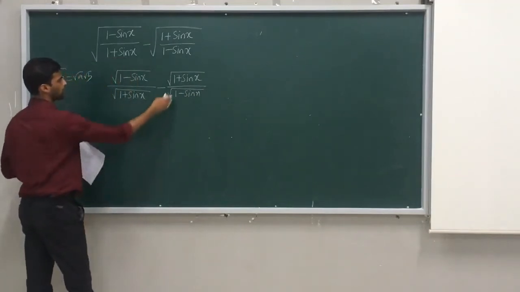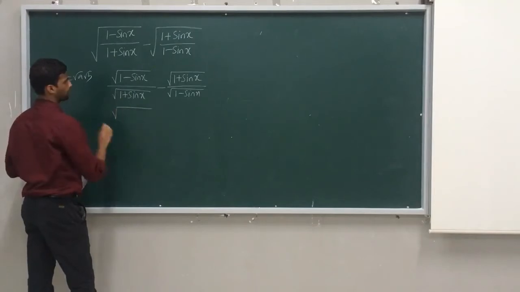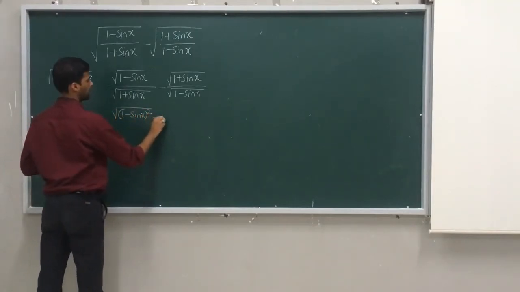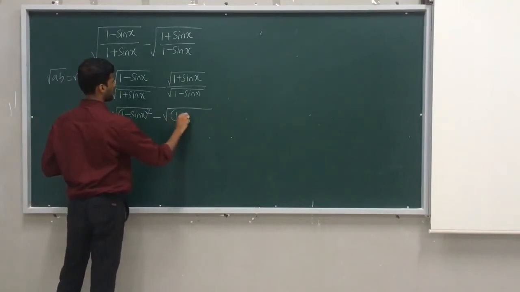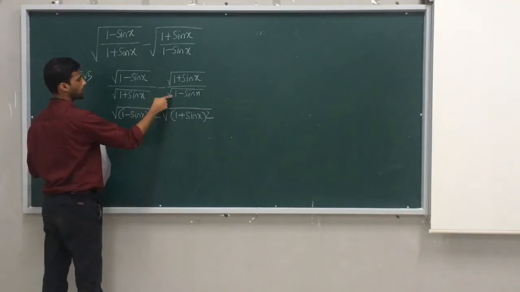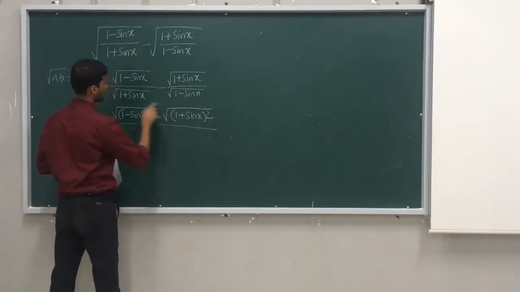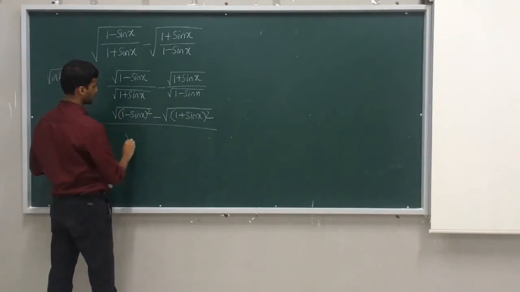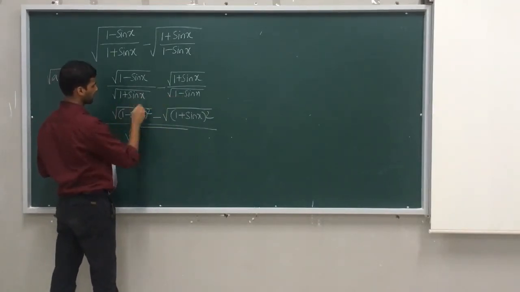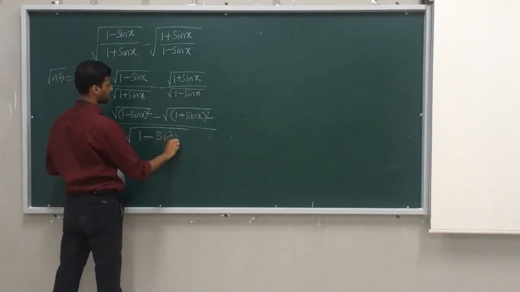If I do cross multiplication, it is nothing but root of (1 minus sine x) the whole square minus root of (1 plus sine x) the whole square, divided by root A into root B, which is root AB. That is root of (A plus B)(A minus B), which is A square minus B square: 1 square minus sine square x.